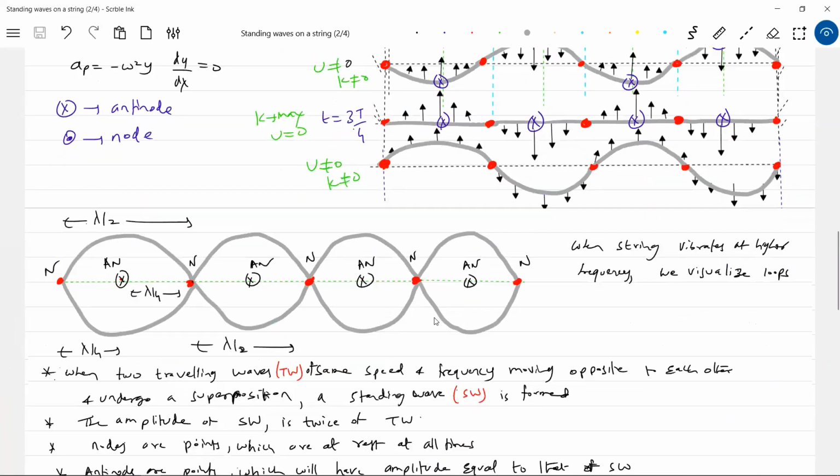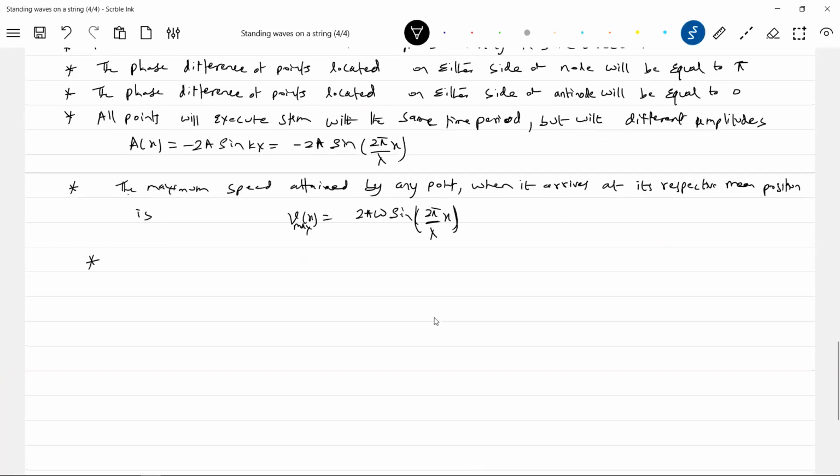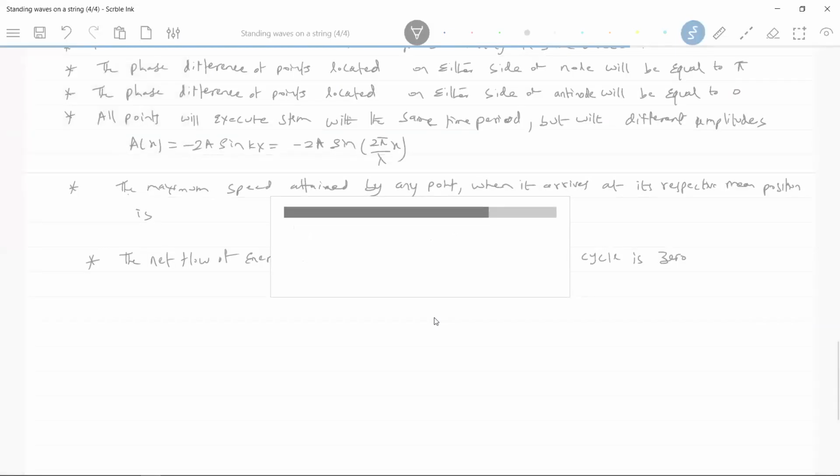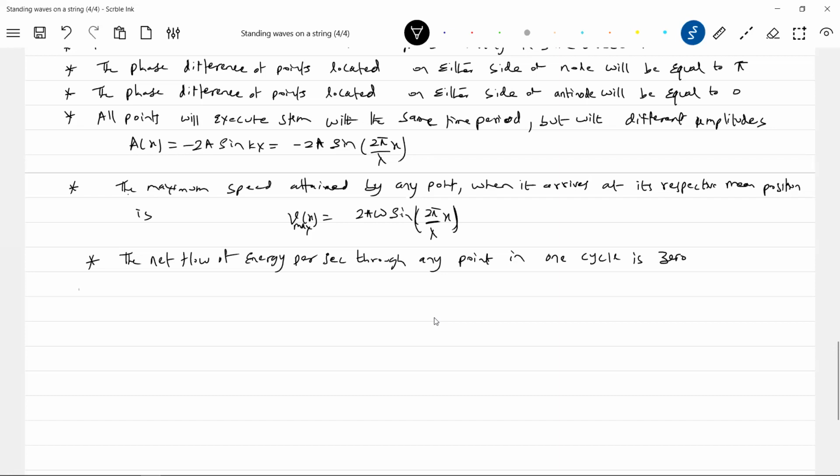One more thing: the net flow of energy through any point in one cycle is zero. So there is no net flow of energy. In a traveling wave, there was a flow of energy. In a standing wave, there is no flow of energy. This is what the theory tells.